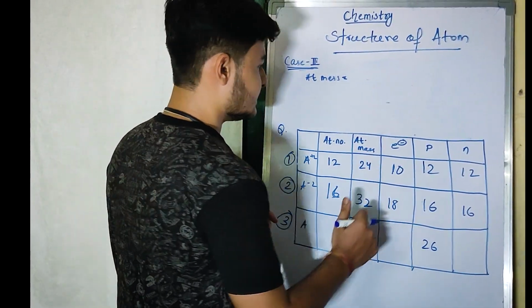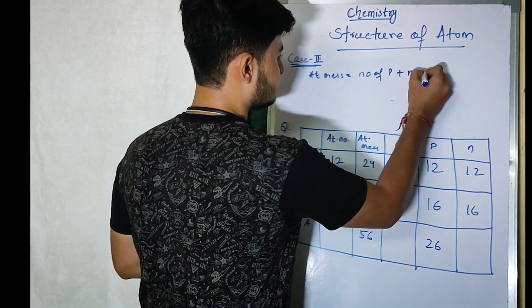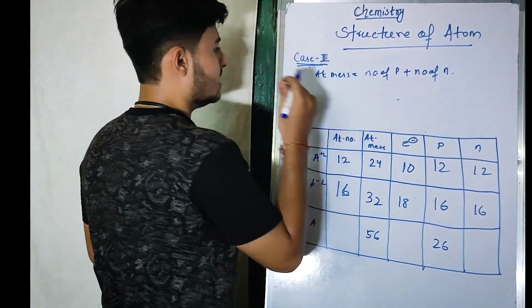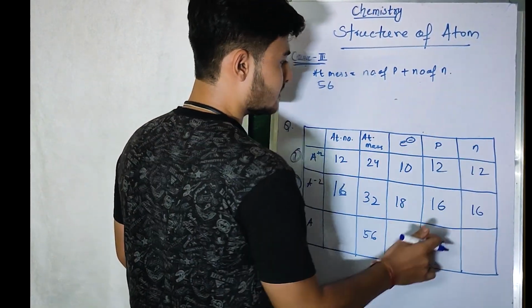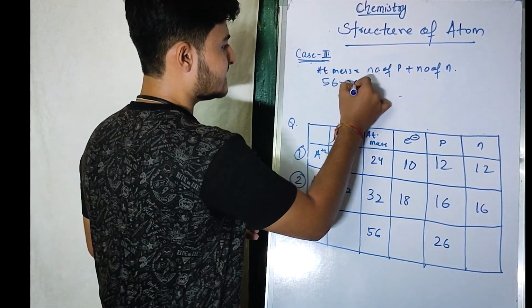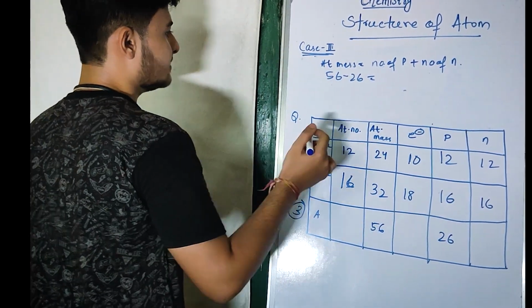The atomic mass has been given as 56, but we don't have the number of neutrons; we have the number of protons. So 56 minus 26 gives the number of neutrons, which comes out to be 30.